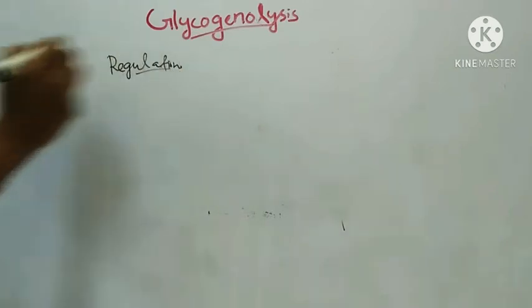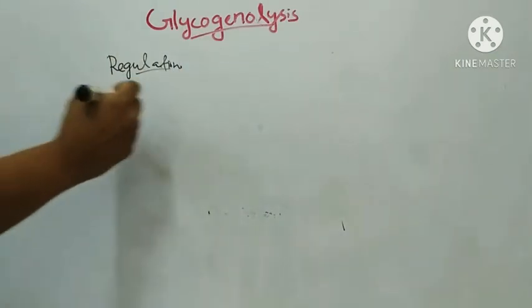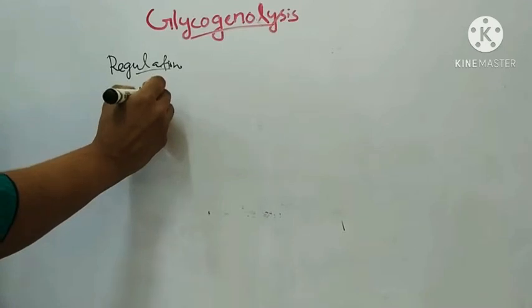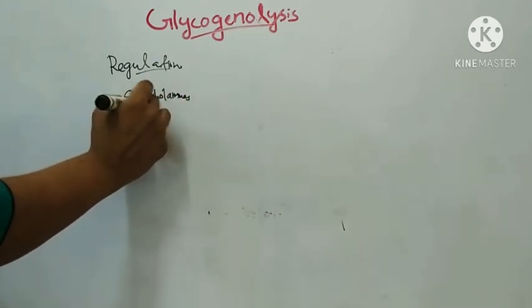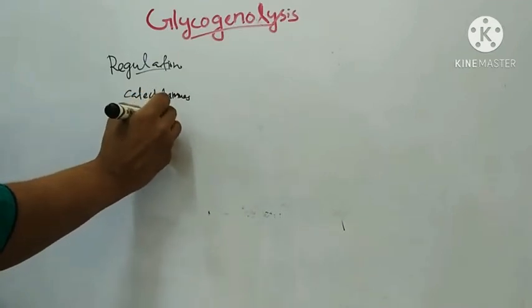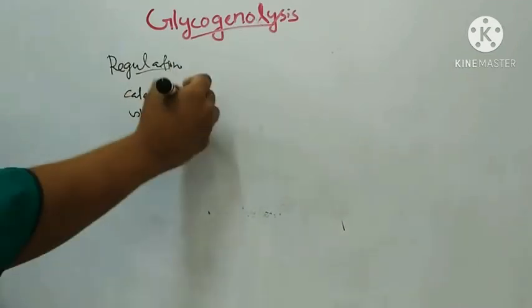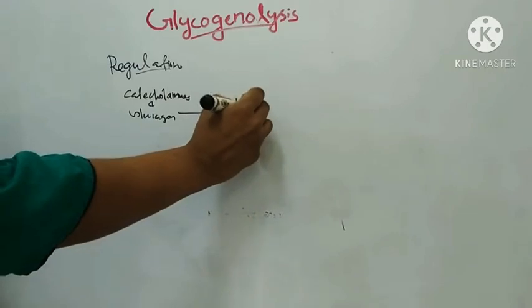Regulation of glycogenolysis. First we will write here catecholamines and glucagon. First it activates cyclic AMP.